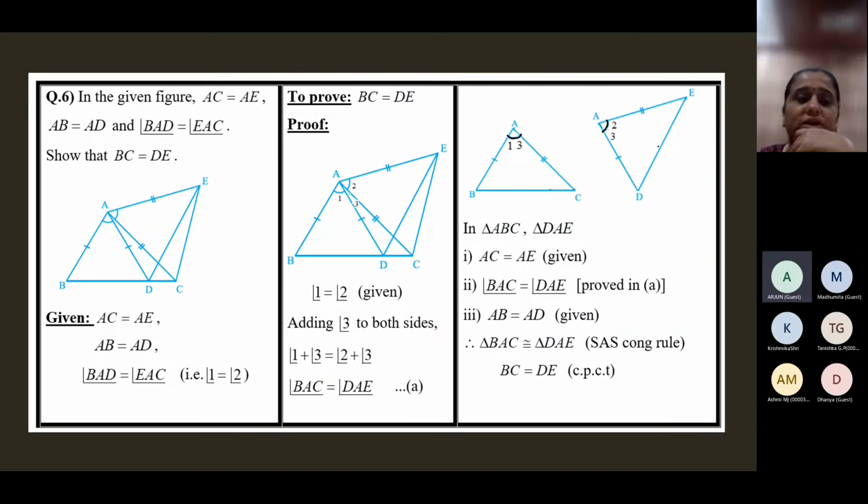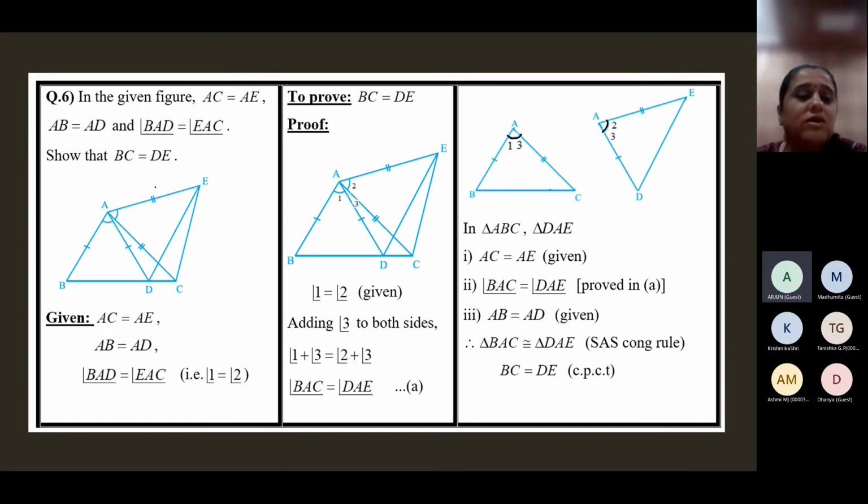Why should you take up these two triangles? Why not some other two triangles? Ma'am, because only these two triangles include all the information which is given to us. Correct. So you'll have to pick two triangles. We are given some information, and that information can be applied to some two triangles. So you'll have to select the triangles accordingly.